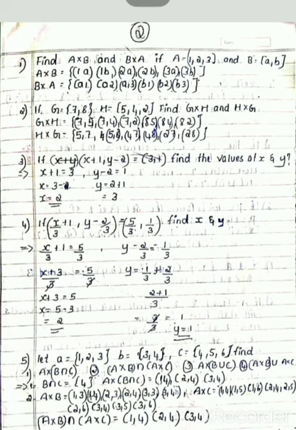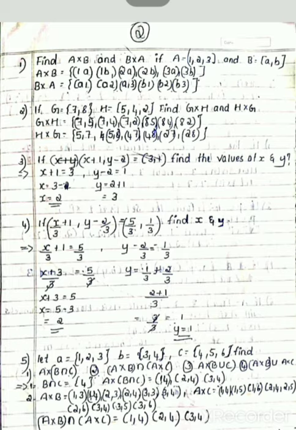Next, now problems on this. Finding the elements of A cross B and B cross A, the sets A and B are given to you. See students, the elements of a set should be written in flower brackets. Some old notes may write them in square or ordinary brackets. No, it's nothing like that. You should write the elements of a set inside a flower bracket.